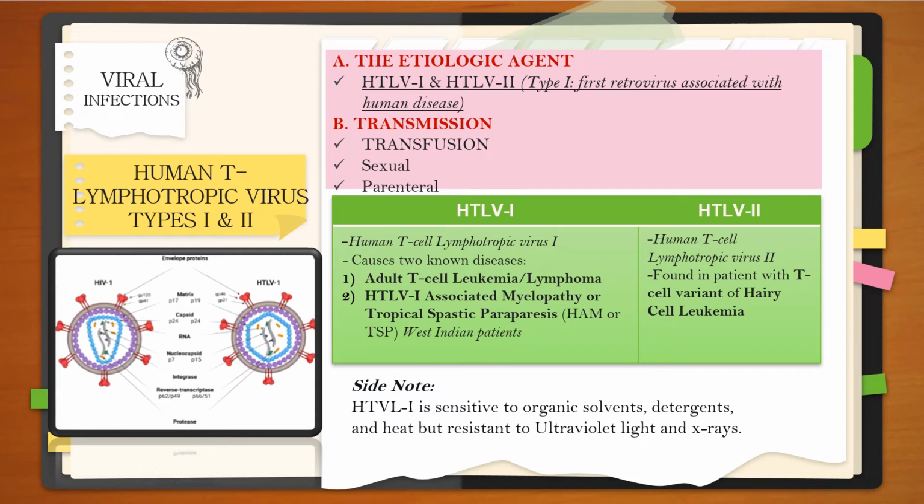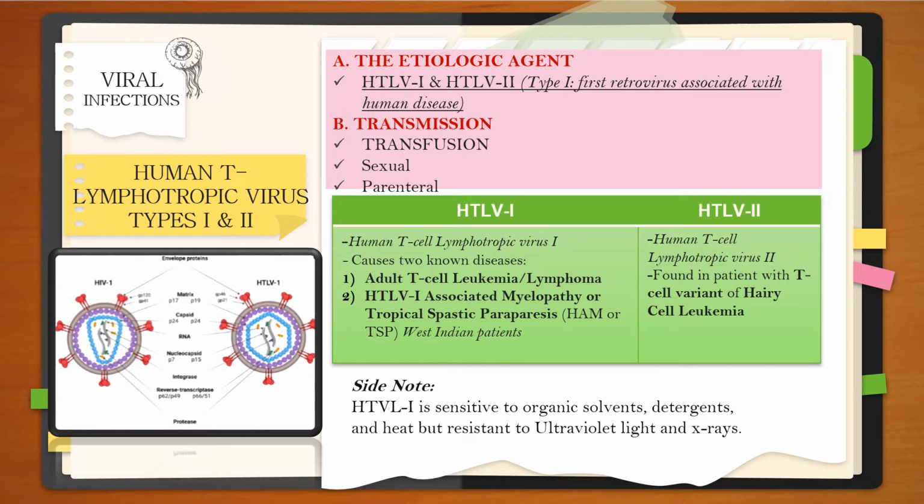Next, we have HTLV types 1 and 2, which are both classified as retroviruses, with HTLV-1 as the first retrovirus associated with human disease. These two viruses are commonly transmitted through blood transfusion, sexual contact, and the parenteral route.